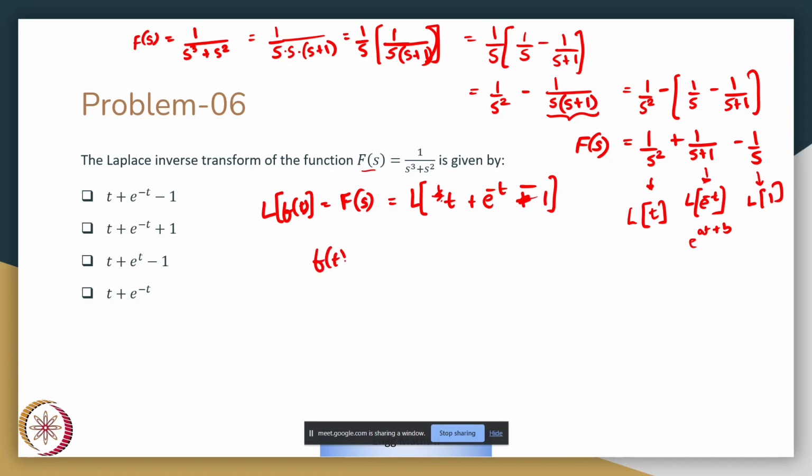So my f of t is nothing but t plus e raised to minus t minus 1, which is option A. Again, a simple inverse transform example.